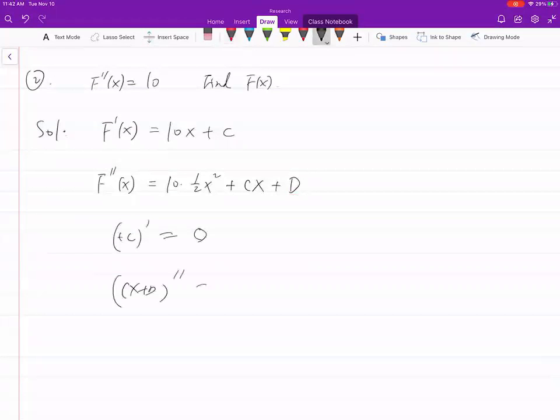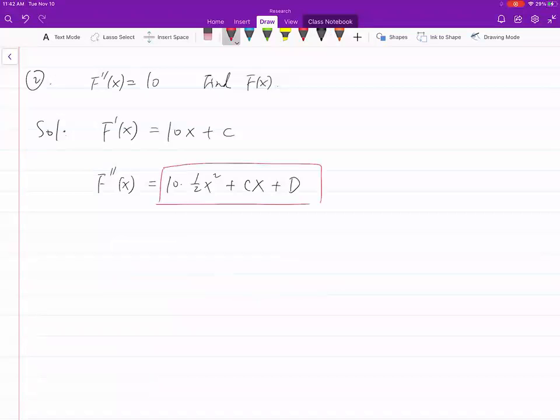Because if you take the derivative twice, you have c plus 0, and then 0. Your information is gone, right? That's why you can have two constants here. So that's the answer, where c and d can be any constant.